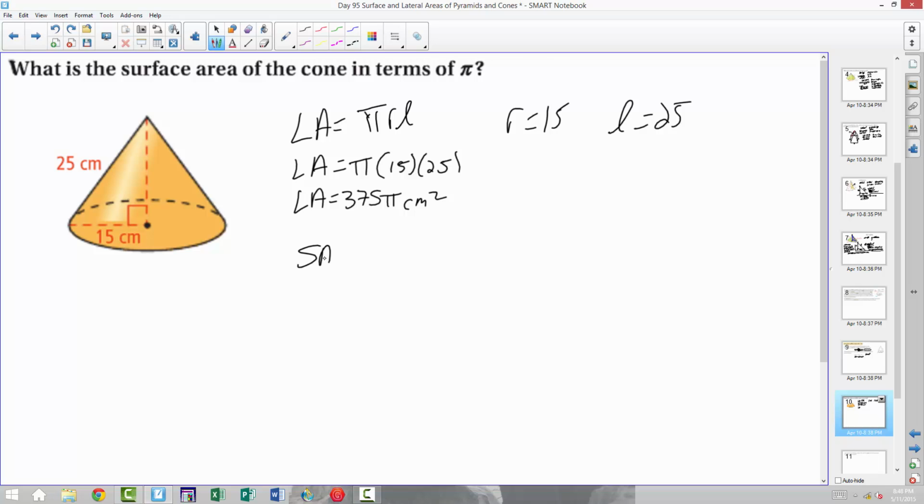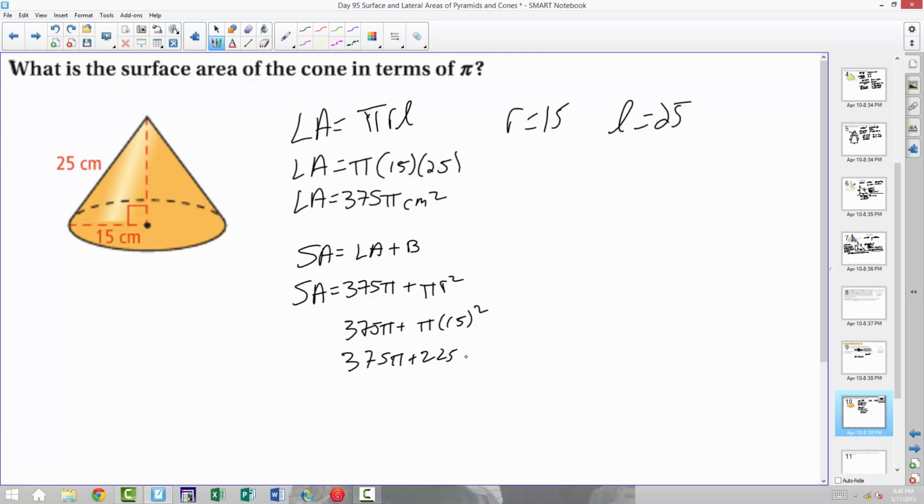The surface area is lateral area plus B. Surface area equals, well, the lateral is 375 pi plus pi r squared. So we have 375 pi plus pi r, which is 15 squared. So 15 squared is 225 pi. So we have 375 pi plus 225 pi.